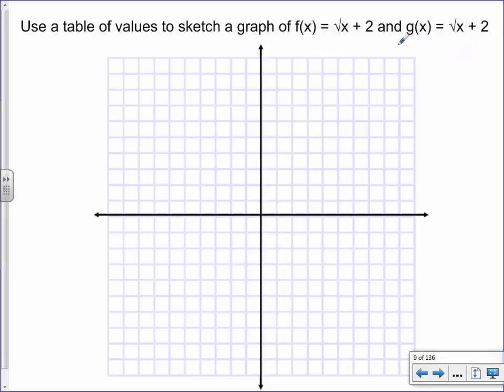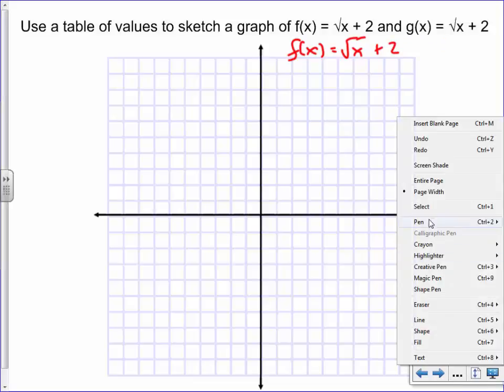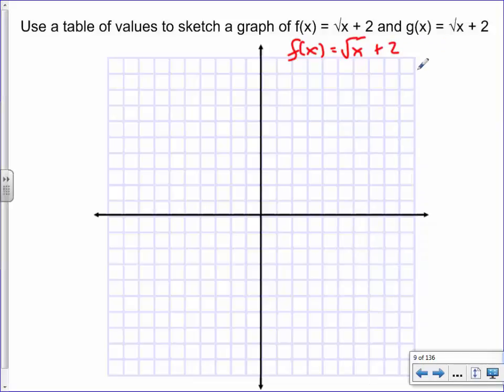So to clearly make a point, I'd like to write it out here. I want the f of x graph to be the square root of x, and then add 2. Whereas for the g of x graph, I want the plus 2 to be inside the square root sign, just so that we can make that distinction clear. Does that make sense?